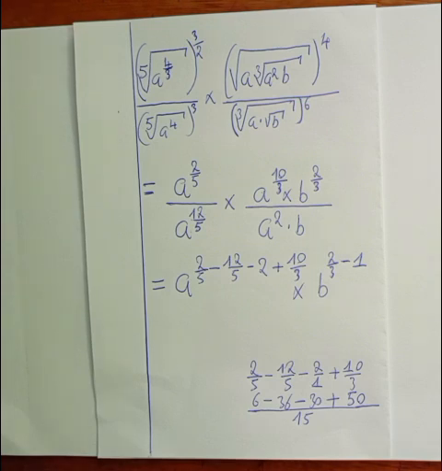Next, we have to subtract. We are going to take 6 minus 36, which is equal to negative 30. Negative 30 minus 30 gives us negative 60. Negative 60 plus 50 gives us negative 10.